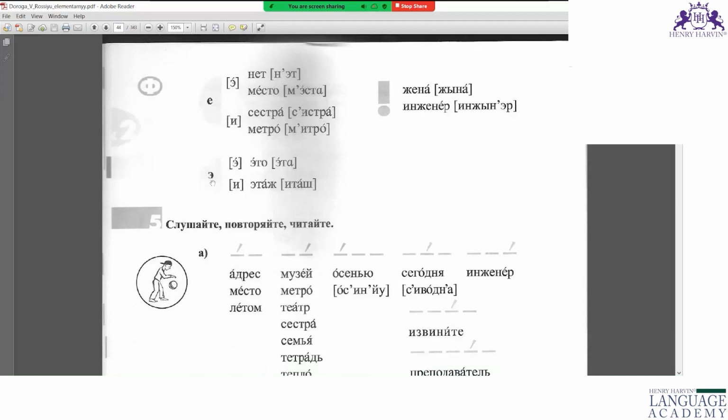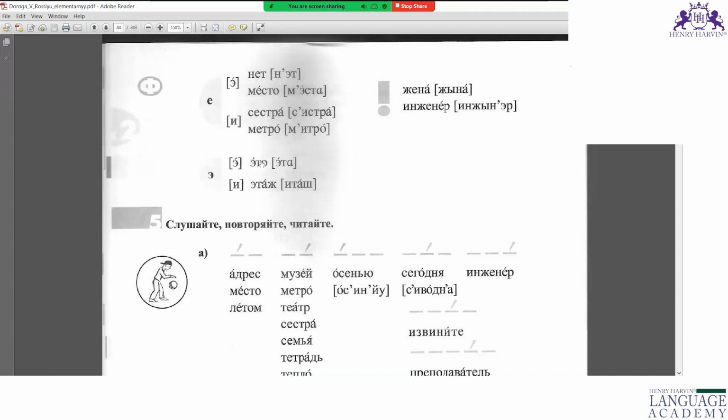Again, we need to learn to make a difference between them. Э hard, E soft. Let's practice. Нет, место, сестра, метро, это, этаж. Посмотрим. Нет, место, сестра, метро, это, этаж. Жарко.